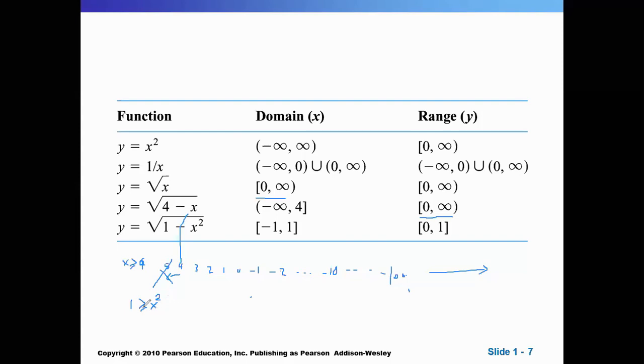If you have something like this, 1 greater than or equal to x squared, what does it mean? It means x will be greater than or equal to -1 and less than or equal to 1. Excellent. Greater than or equal to -1 and less than or equal to 1.